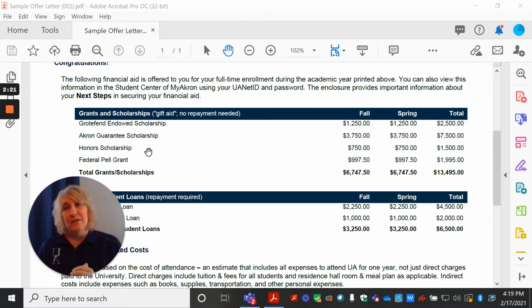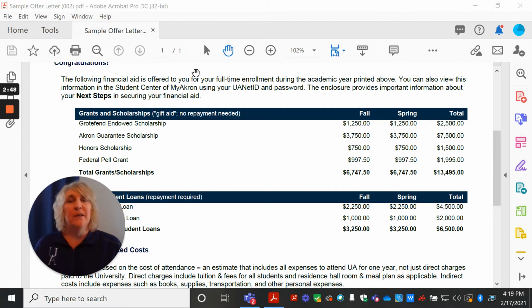You may also have scholarships coming in from outside the university or a third party, and that would be community scholarships or scholarships through your high school. Those scholarships are not added to your financial aid offer, but rather those checks or payments are made directly to the Office of Student Accounts. Student Accounts then takes those funds and applies them as a payment directly to your charges for the semester.